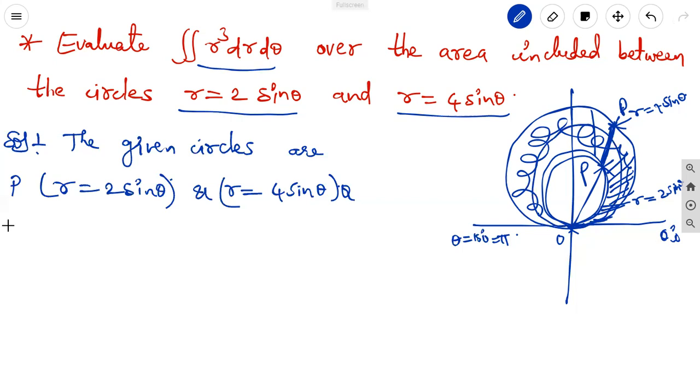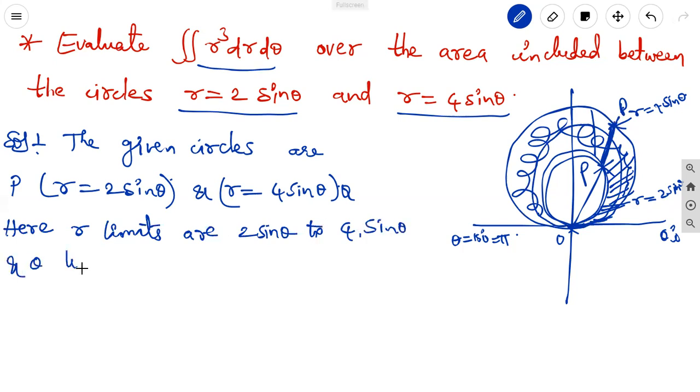Here, the area included between the circles means the given circles, and we find the double integral over the area included between the circles. Our r limits are 2 sin theta to 4 sin theta, and theta limits are 0 to pi.